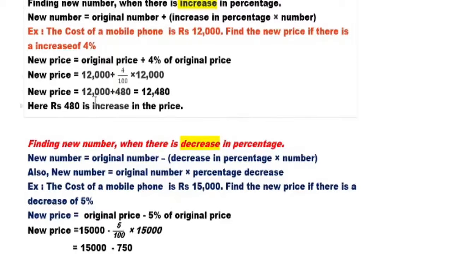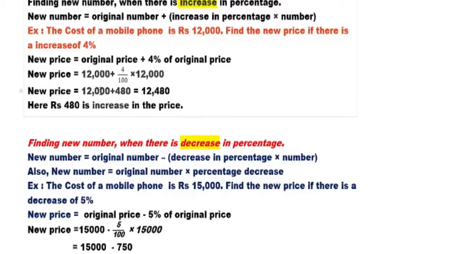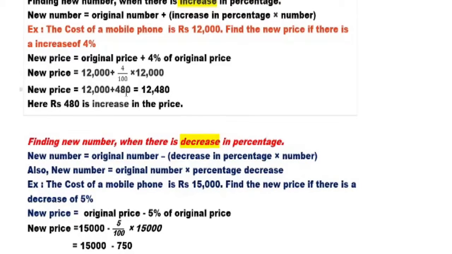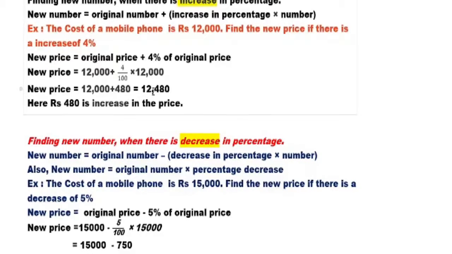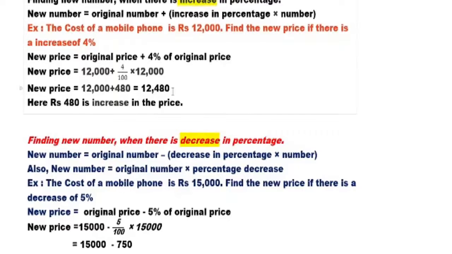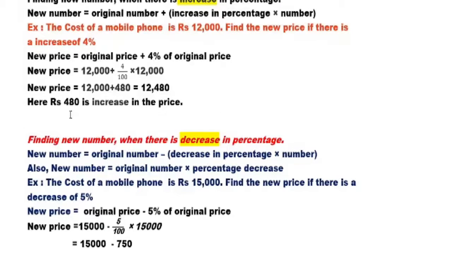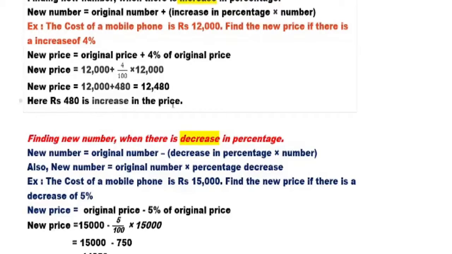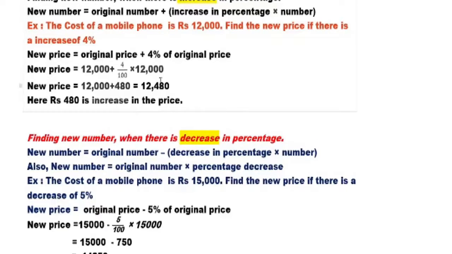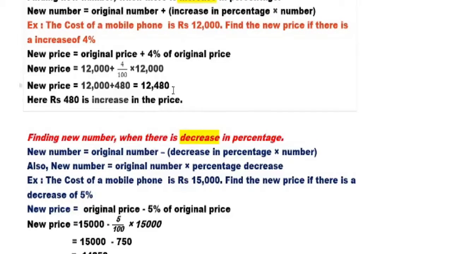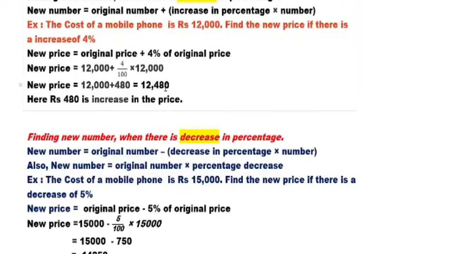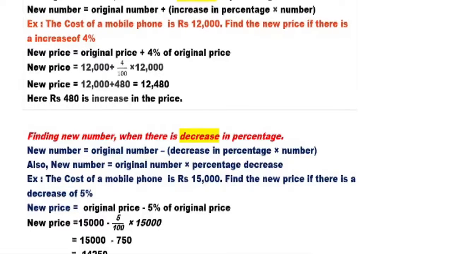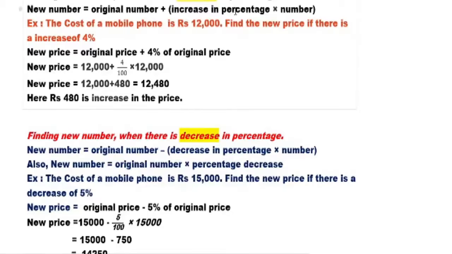Now simplify it. This is equal to 12,000 plus 480. Then it is equal to 12,480. So there is 480 rupees increase in the price. So in this way you can calculate if there is an increase in percentage.